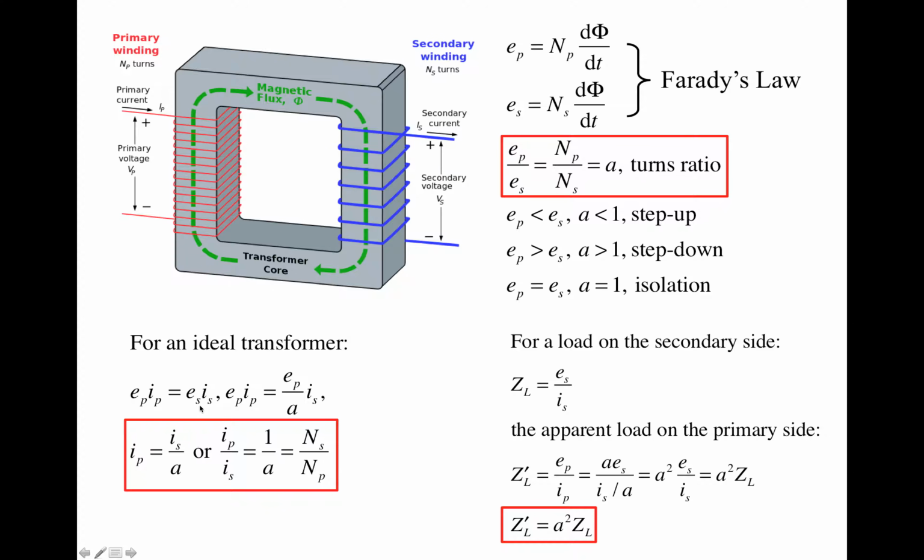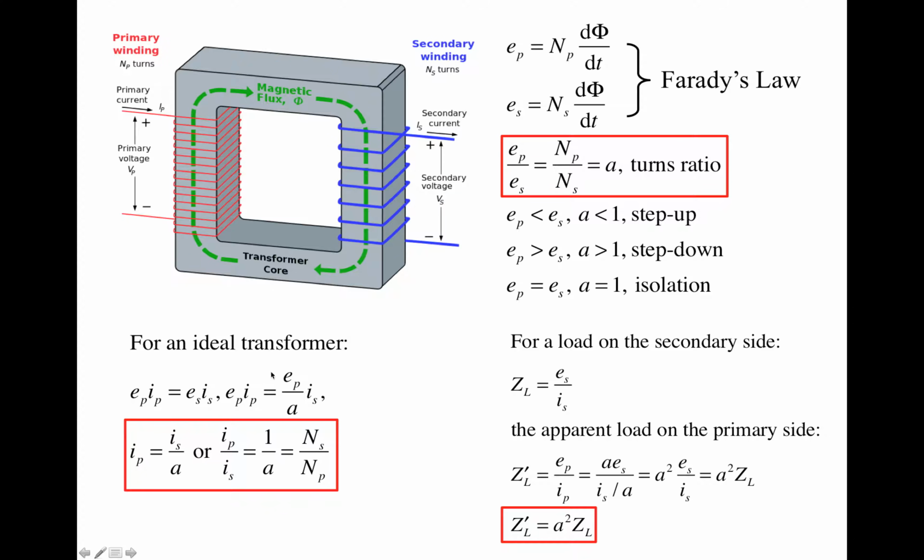The secondary side voltage, ES, equals what? If you look at the first relation that we have just derived, ES equals EP divided by A, the turns ratio. So we can replace ES with EP divided by A. So EP times IP equals EP divided by A times IS.